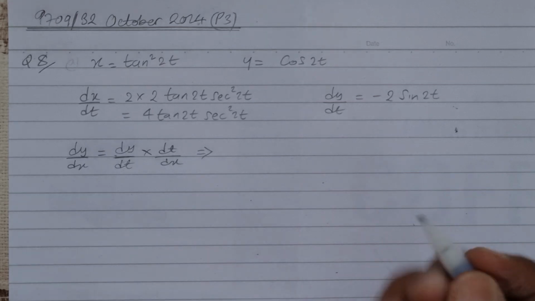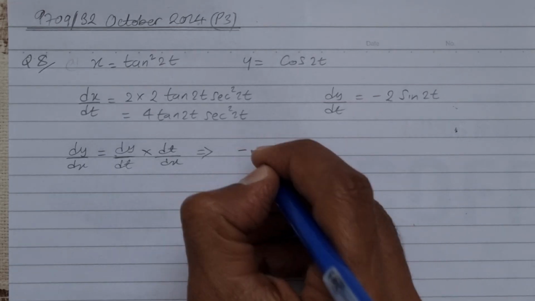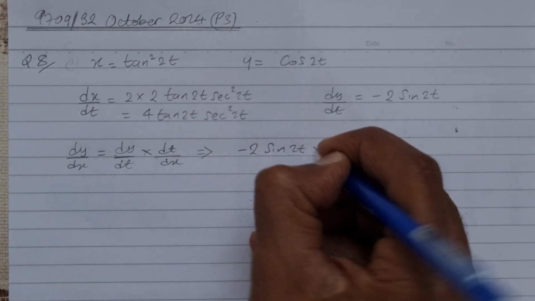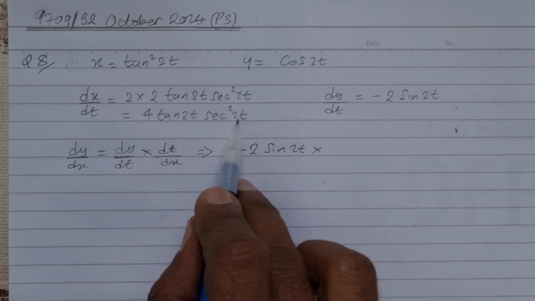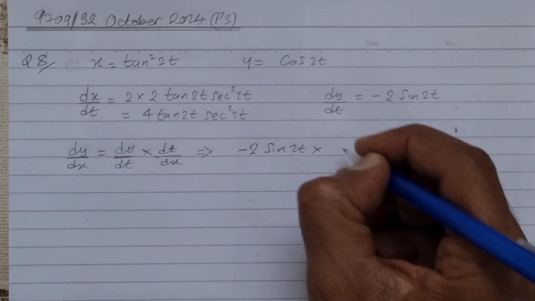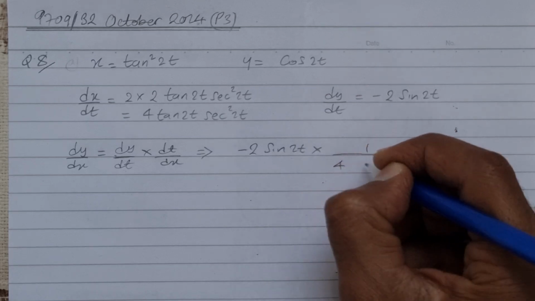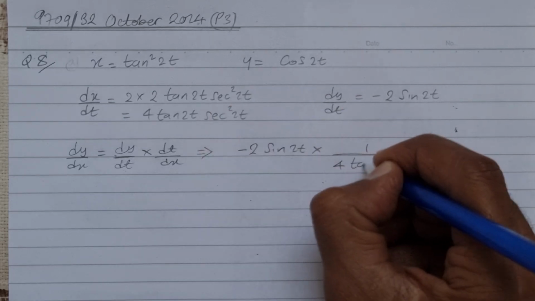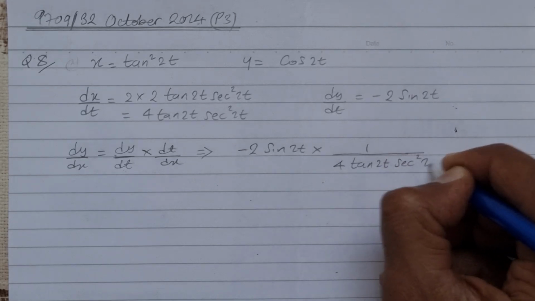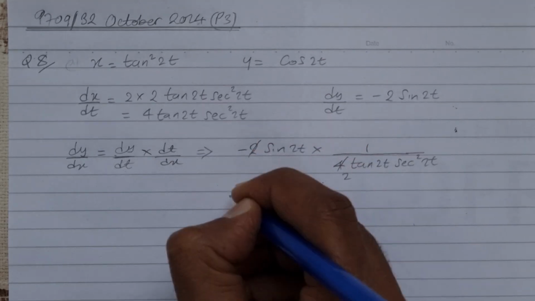So we're going to get dy by dt, which we have over here as minus 2 sine of 2t, times dt over dx, so all of this over 1 over all of that. So that's going to be 1 divided by 4 tan of 2t, and then sec squared 2t. So basically what I have, the 2 can go here.